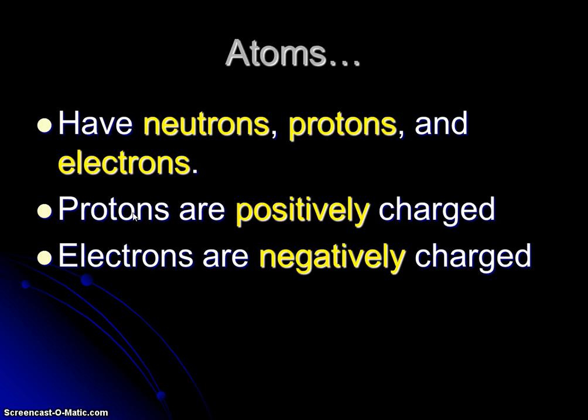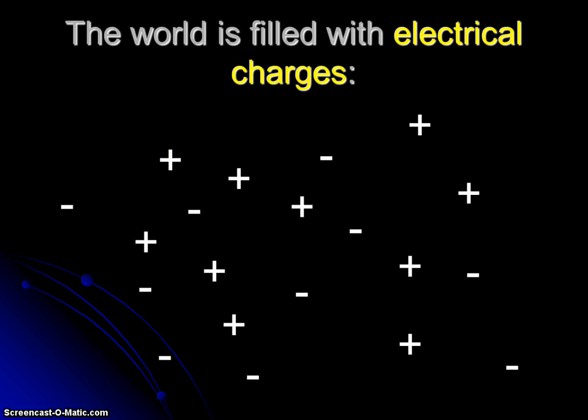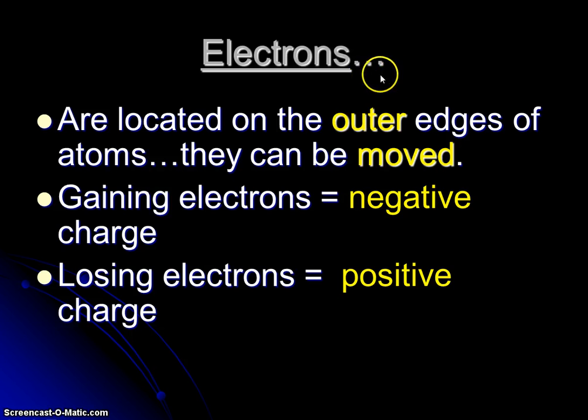Atoms, obviously, protons, neutrons, electrons. The protons are positive, the electrons are negative, and you get that attraction between the positively charged protons and the negatively charged electrons, keeping the atom together, essentially. The electrons are on the outer edges. If you collect electrons on something, you're going to gain a negative charge.